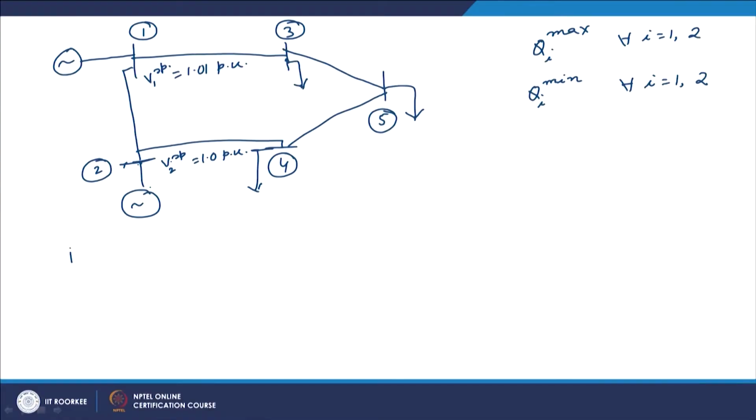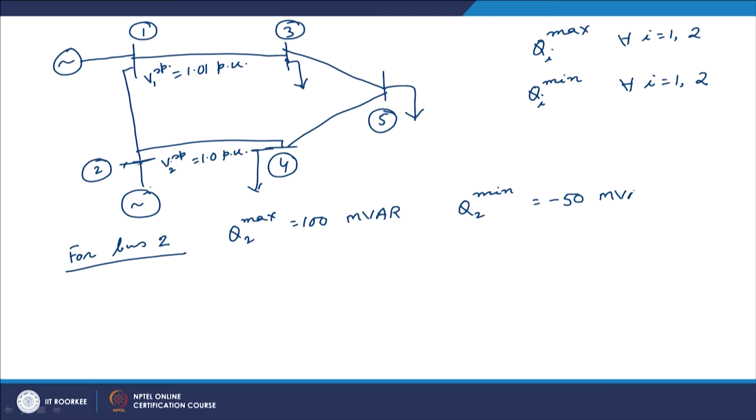Let us take a simple example. For example, for bus 2, at some loading condition, say Q2 max is 100 MVAR, and let us say Q2 min is minus 50 MVAR. The minus stands for absorption and plus means generation, that is, supply.